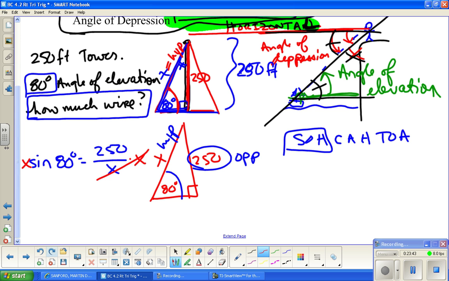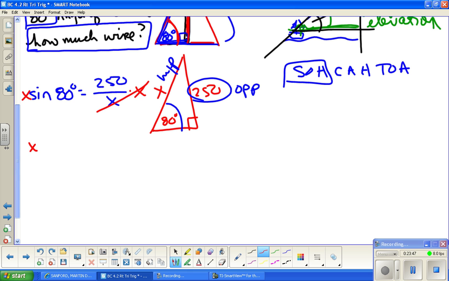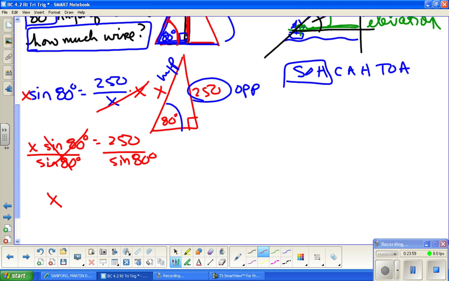So now I have x times the sine of 80 equals 250. Divide both sides by the sine of 80, because that's just a number now, and we're going to type that into the calculator.